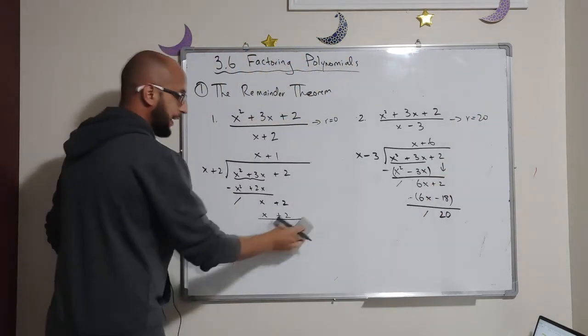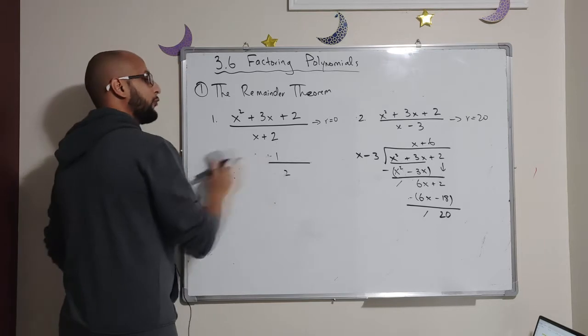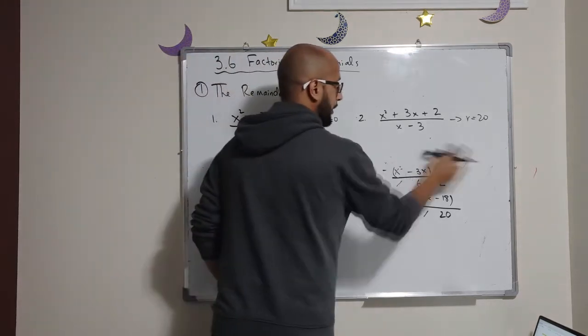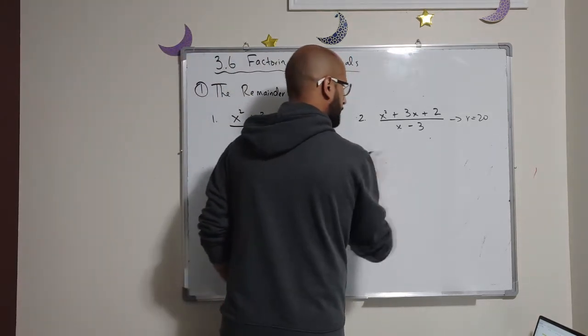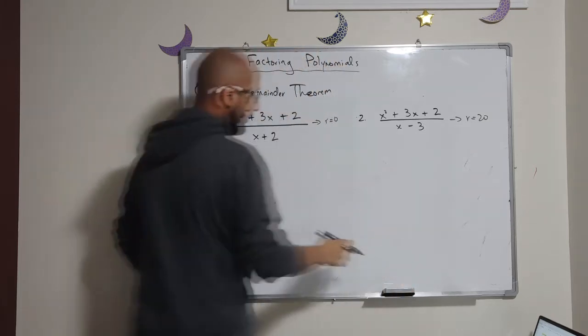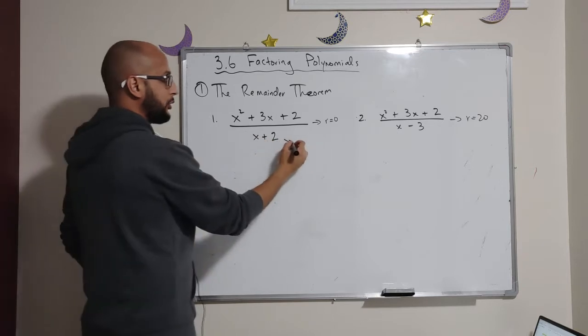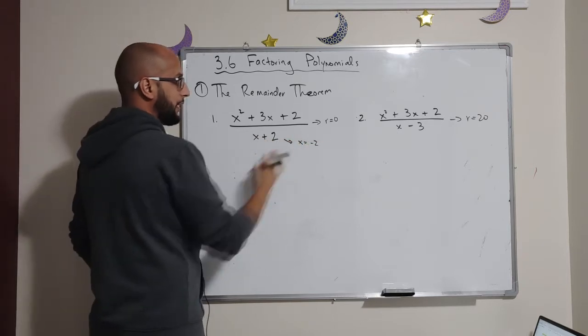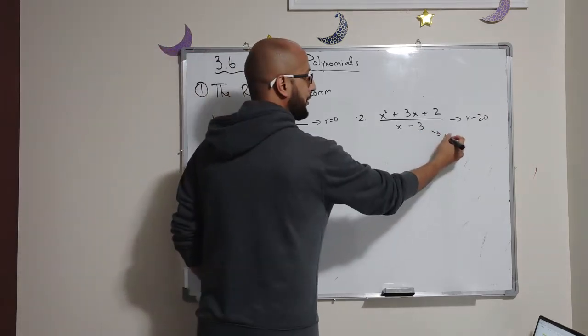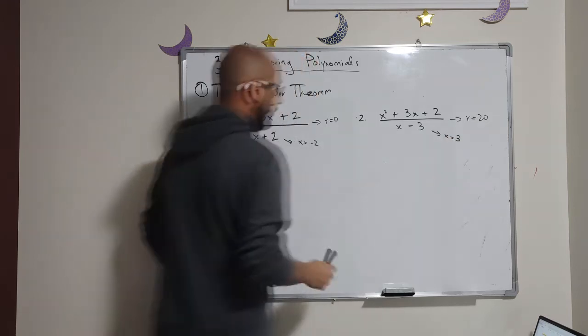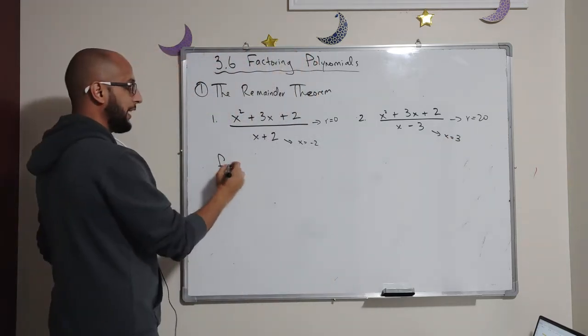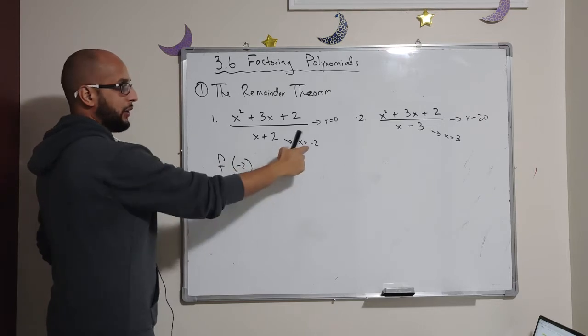Now let's compare that to what the y value would be at each of these points, each of the points that are dictated by the divisor. So x plus 2 means x is negative 2, and x minus 3 means x is positive 3. So let's find out what f of negative 2 is.